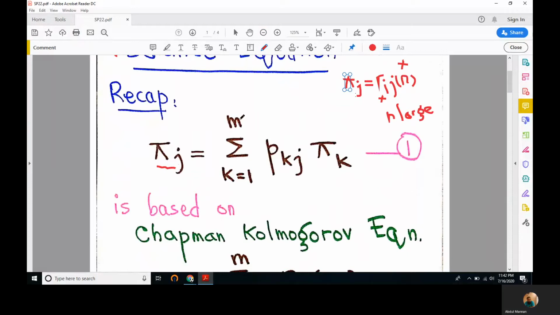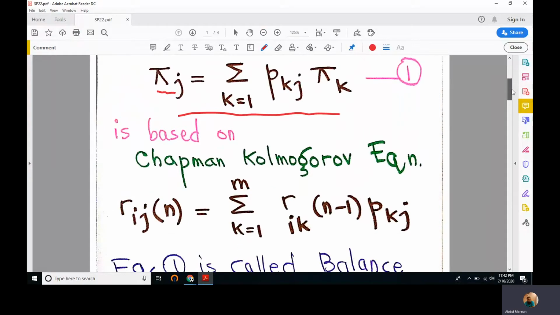And we have to try it for all different values of the states m. This formula was studied in detail in last lecture, lecture number 21, and it is based on the Chapman-Kolmogorov equation that we studied a few lectures before.